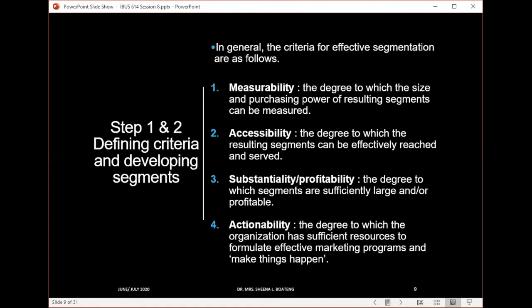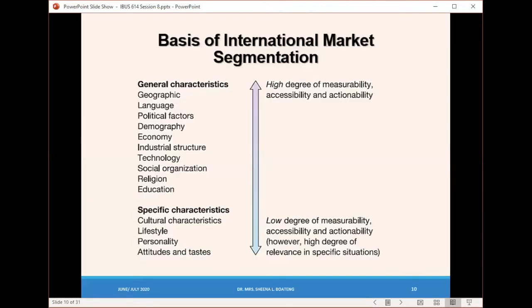Okay, so that is it for the four general criteria, right? So in considering these criteria with regards to segmentation, let's quickly look at this diagram. The diagram is telling us that there are two characteristics that you can place on a continuum when it comes to identifying specific segments in the international market. In segmenting, we discussed several characteristics, including demographics, gender, psychographics, among others.